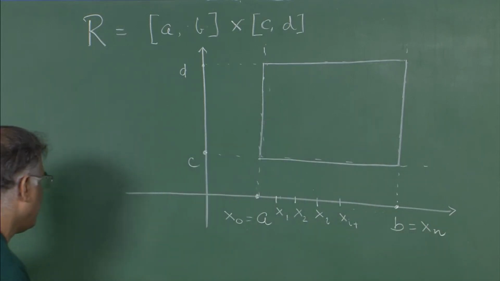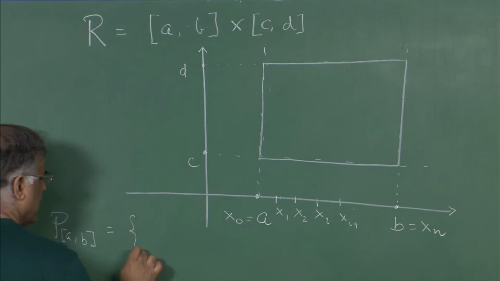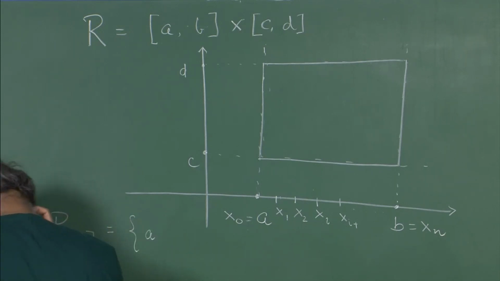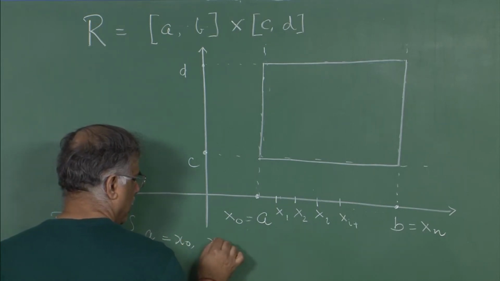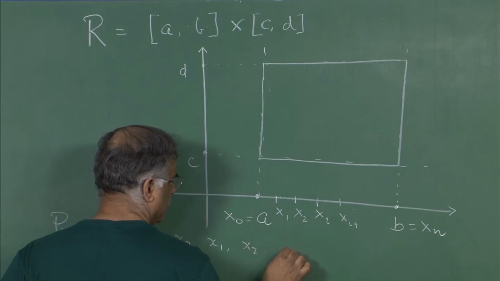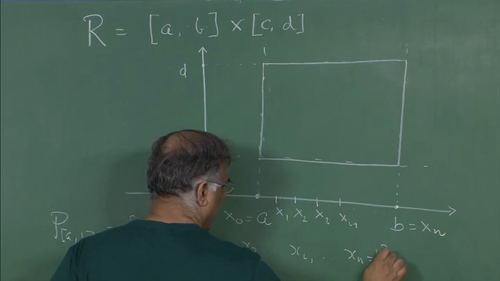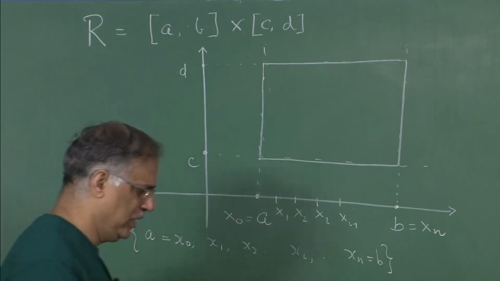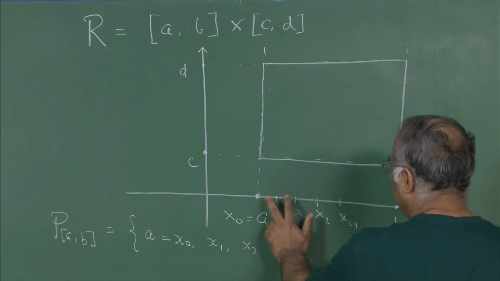So the partition of AB consists of points A equal to x0, x1, x2, xi, xn equal to B. And now they are equally spaced. If there are n plus 1 such points, there are n such gaps between them, n such intervals.